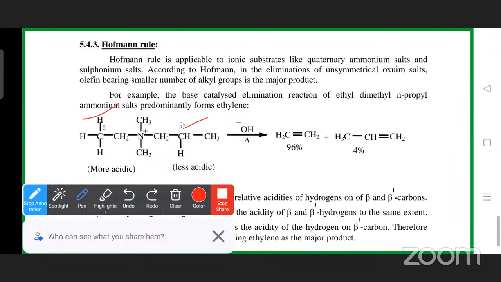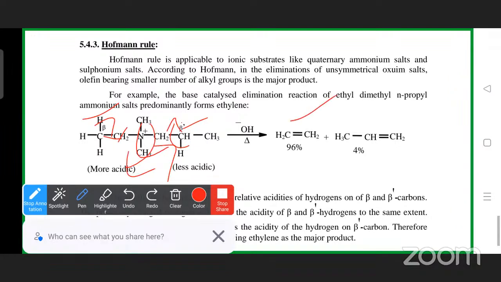So where the elimination of the quaternary ammonium salt takes place in this elimination reaction, due to shifting of this beta hydrogen towards this carbon, the quaternary ammonium salt is going to eliminate. And due to shifting of this other beta hydrogen, it is also going to eliminate.